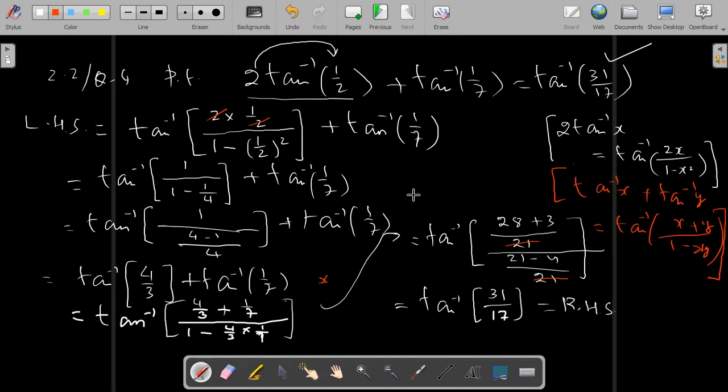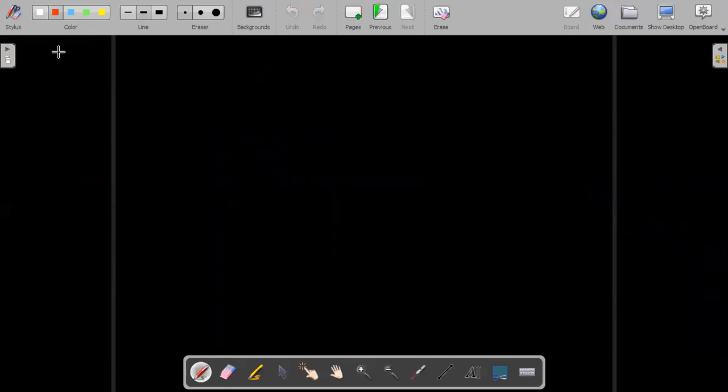So sometimes we have the simplest form. Now the next type of question, that is question number 5 of exercise 2.2. Now we have to write in the simplest form. Before that we proved, now write in the simplest form.